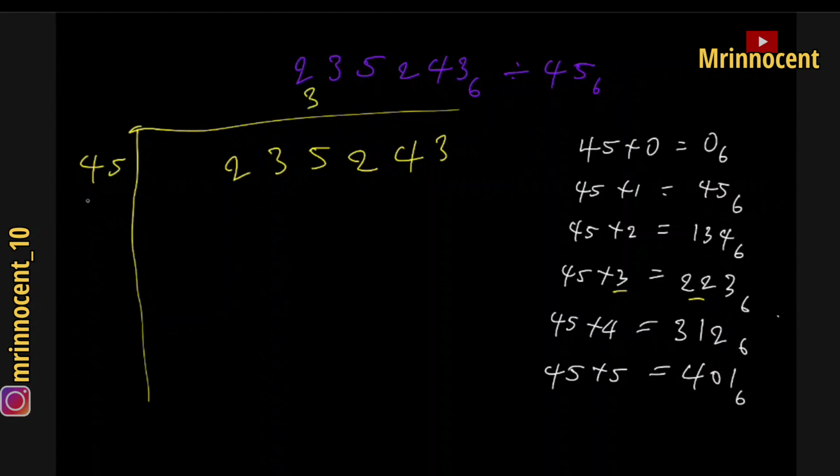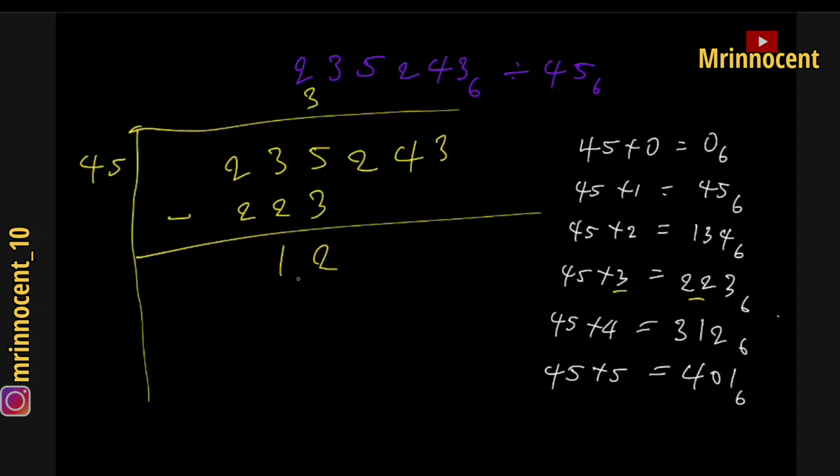3 times 45, you have 223. So you subtract. 5 minus 3 is 2. And 3 minus 2 is 1. 2 minus 2 is 0.